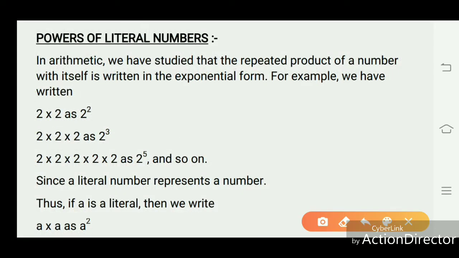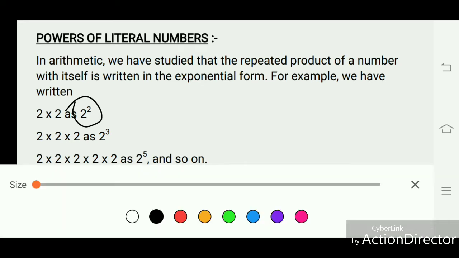When we learn about the powers of literal numbers, this number has two parts, base and exponent. The lower number is known as the base and the upper power is known as the exponent.